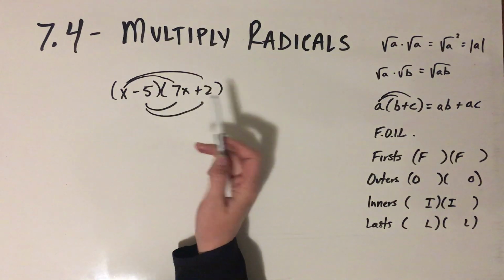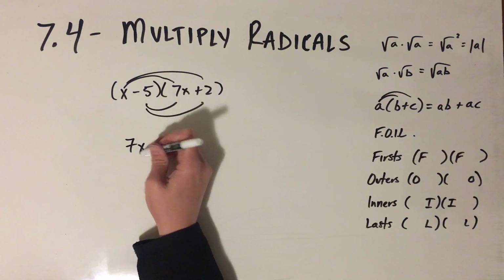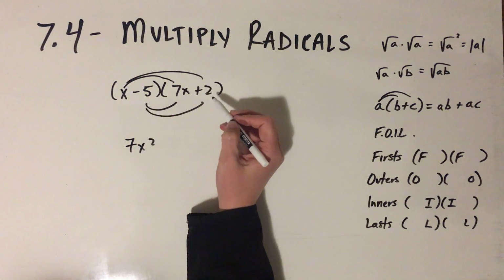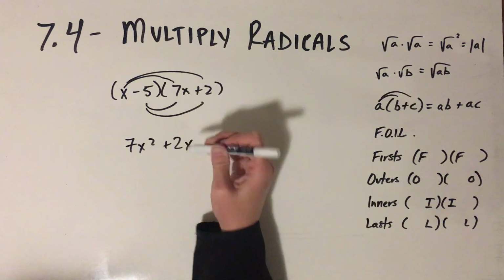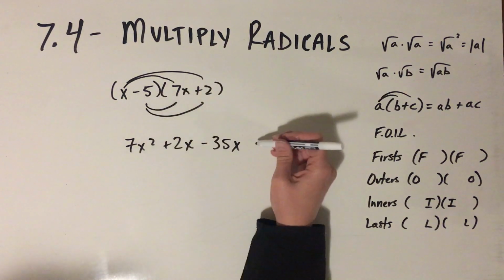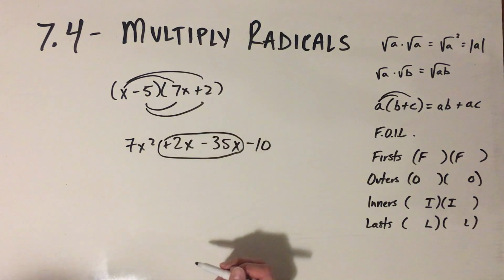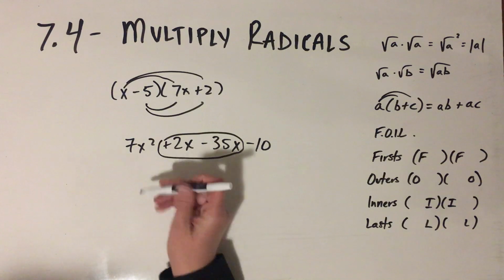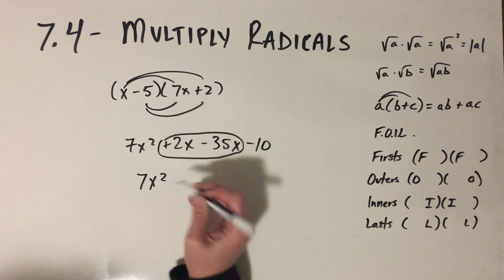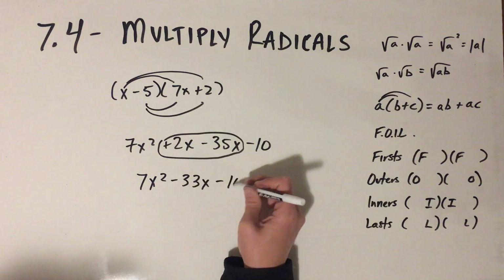So when I do this, x times 7x is going to give me a 7x squared. And then when I do the outers, I'm going to get plus a 2x. When I do these inners, I'm going to get a minus 35x and a minus 10. These are like terms, just like we have like radicals, we can have like terms. So these can combine, and this would be a negative 33x minus 10.